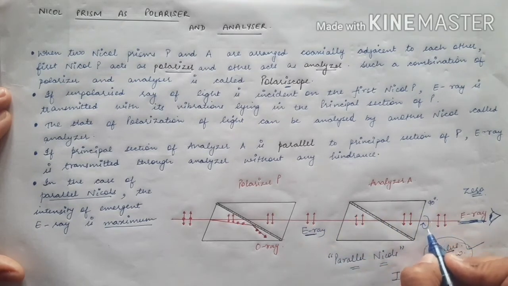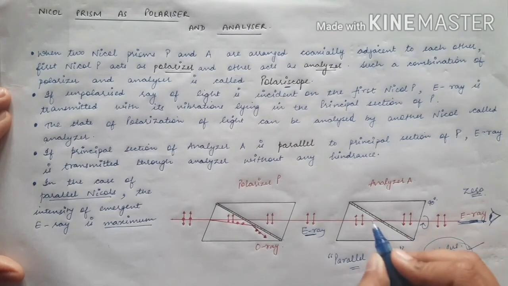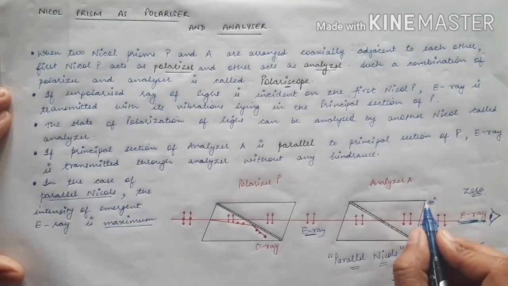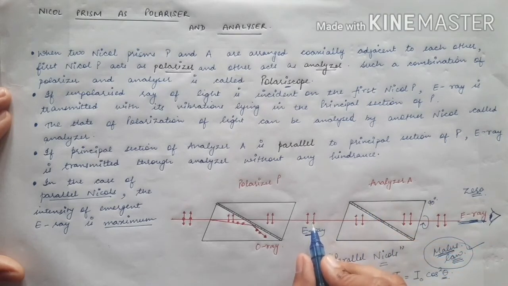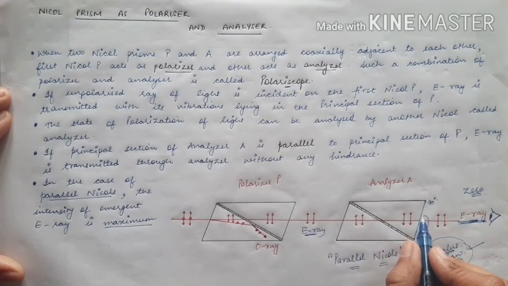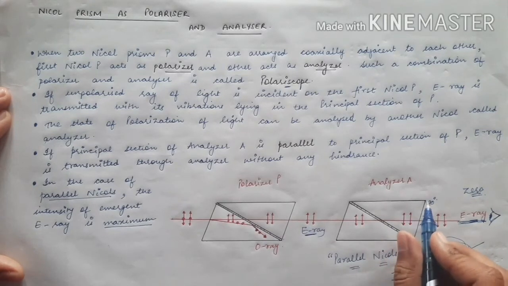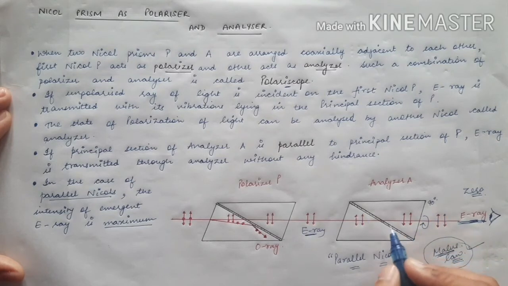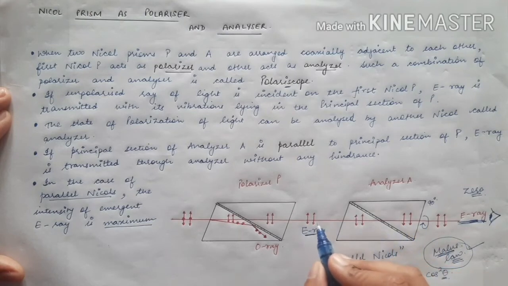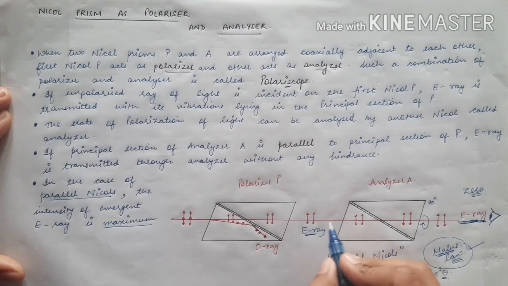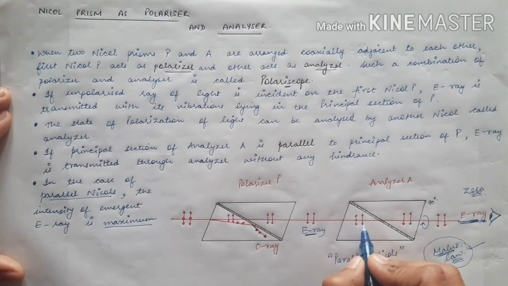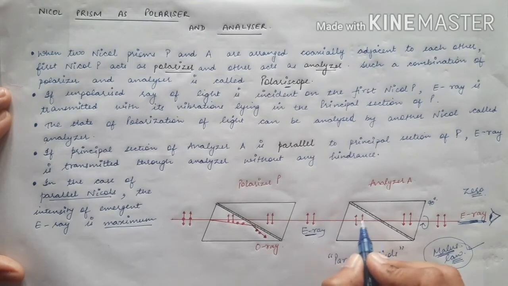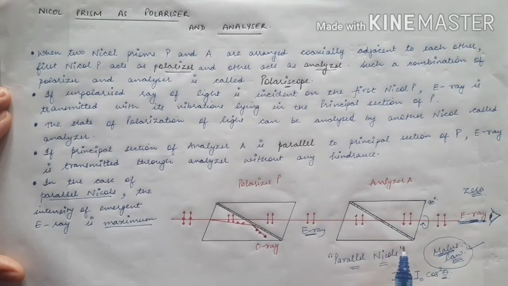But when you rotate this second Nicol prism by 90 degrees, its principal section also rotates by 90 degrees. So the principal section will make 90 degrees with the vibrations of the electric field of the E ray.